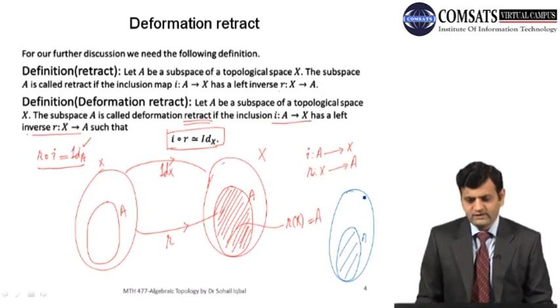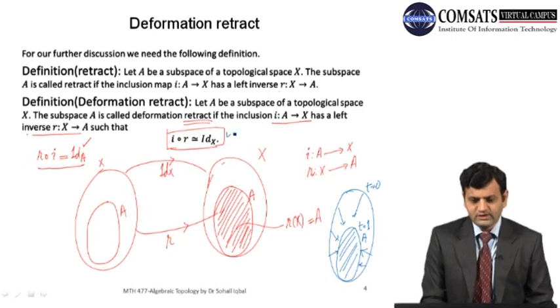So if I start at t equal to 0, I have the whole X, and when I move on and reach t equal to 1, I will be squeezed to this subspace A of X. So continuously I can deform this whole space to this subspace of X. That's what is meant by a deformation retract.